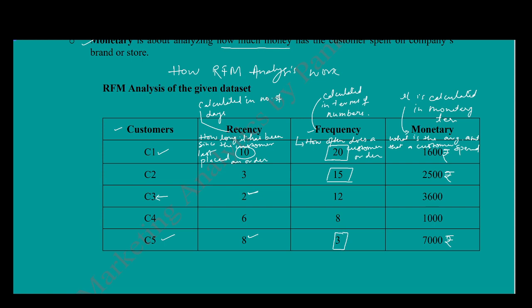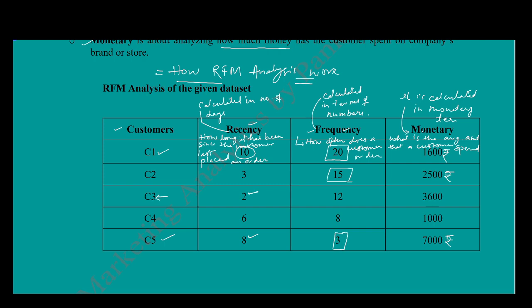Moving ahead, because our purpose is to look at how RFM analysis works. So first of all, we will calculate the independent recency score, and then frequency score, and then monetary score.